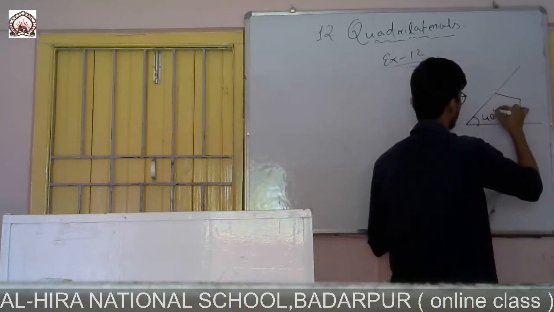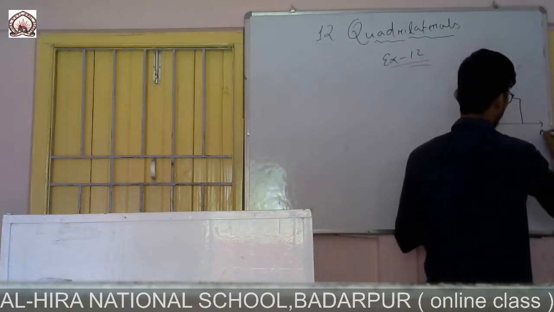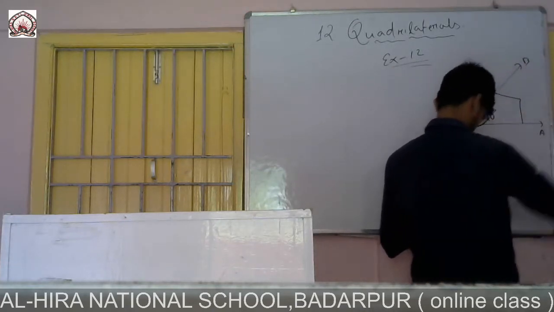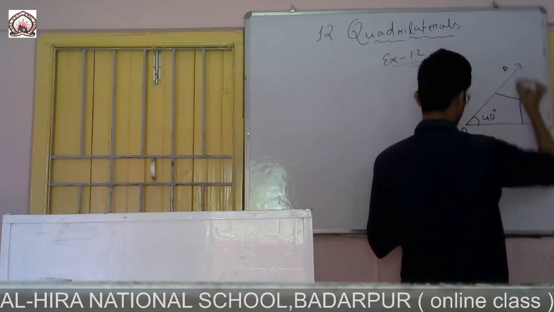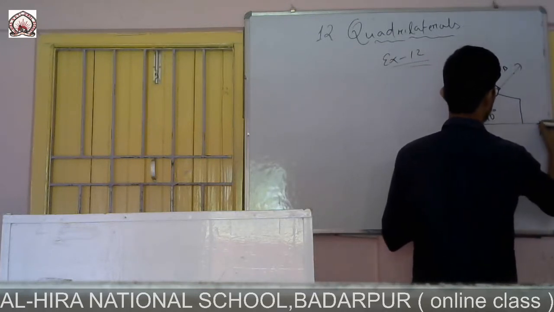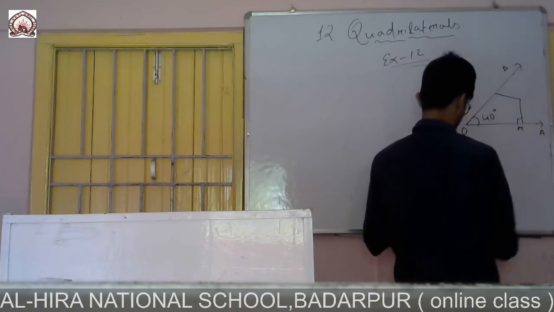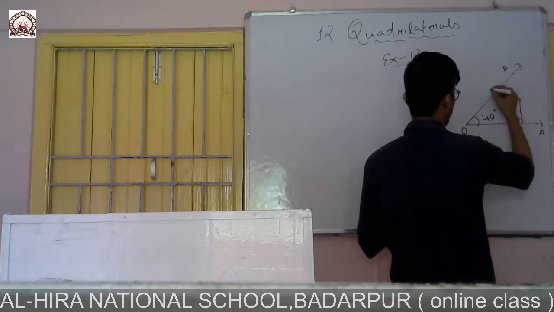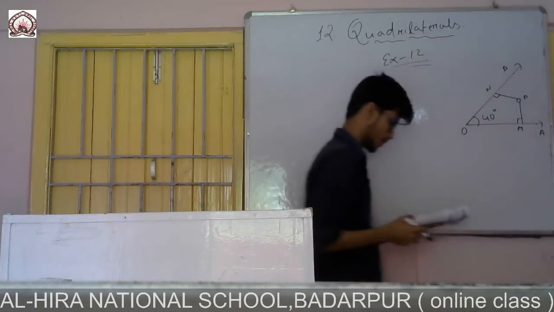Here it is 40 degrees at O, with points A and B. This one is given 90 degrees at M, this one is perpendicular, this one also perpendicular, it is N, and this point is P.